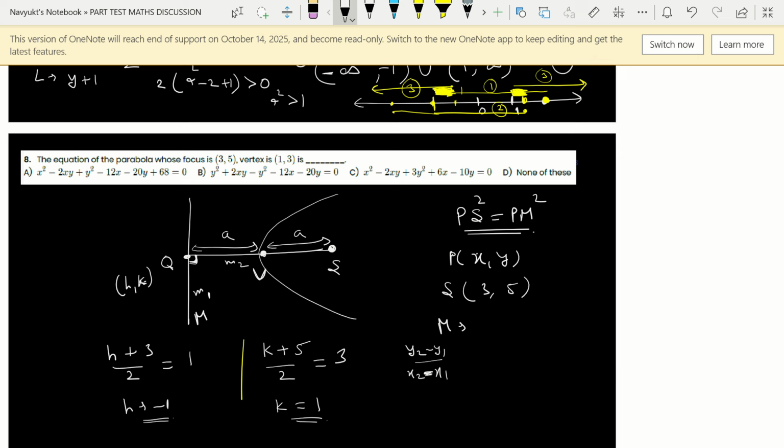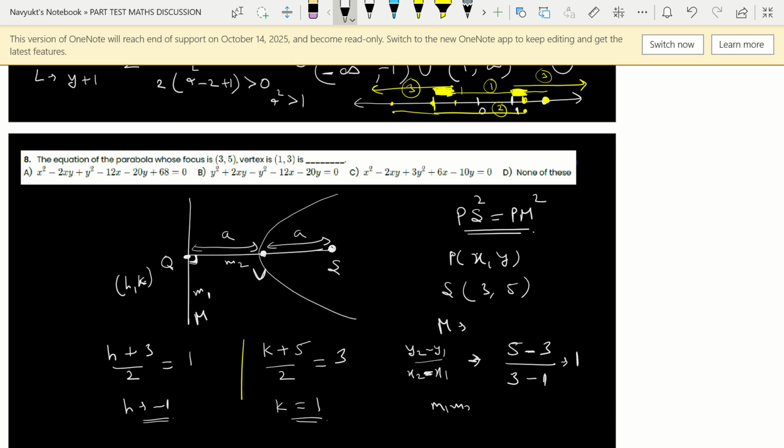Our focus is 3 comma 5. So 5 minus the vertex y coordinate 3, upon the focus x coordinate 3 minus the vertex x coordinate 1. This gives us 2 by 2, which is 1.